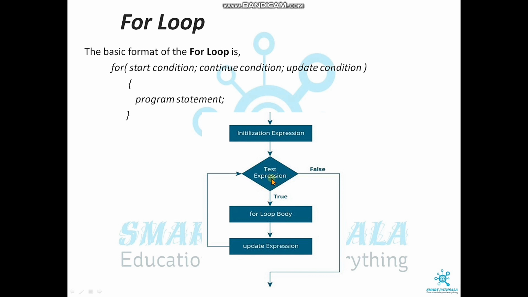If the test condition is true, then it will pass on to the loop body. After executing the loop body, it will pass on to the update expression, and after updating it will again pass on to the test expression. This cycle will continue till the test expression is false.